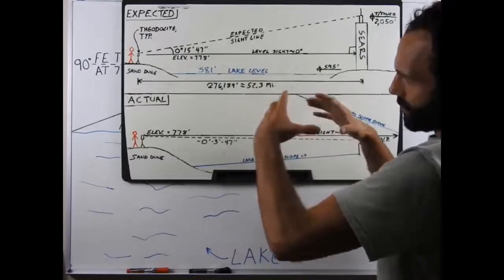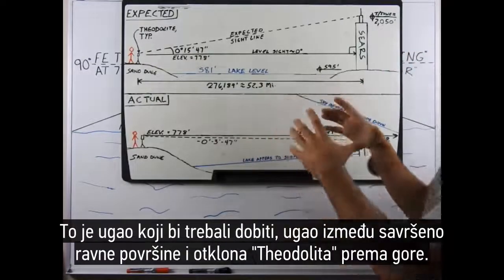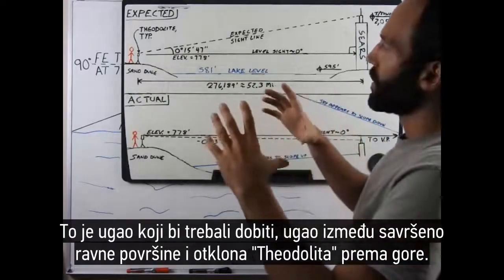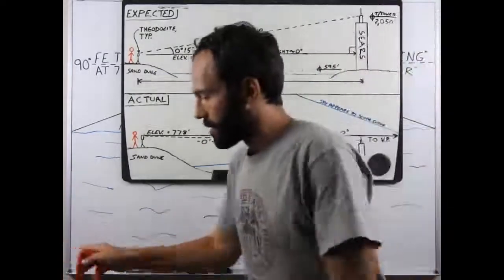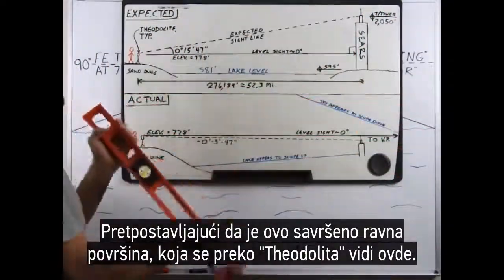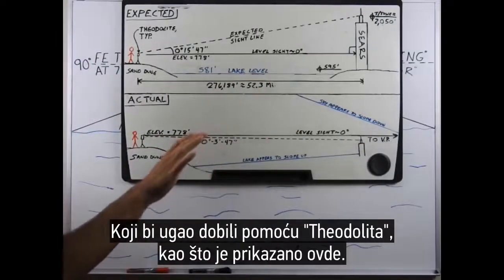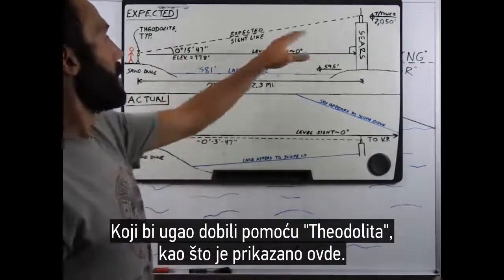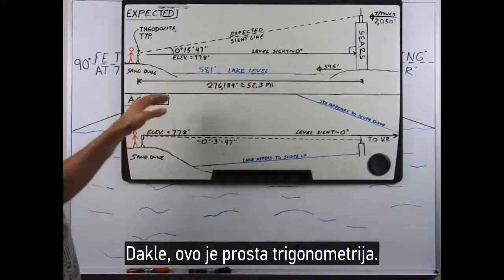The angle the theodolite should calculate from having to rotate the device up from a perfectly level view, what angle would be measured by the theodolite here, as shown. So this is simple trigonometry.